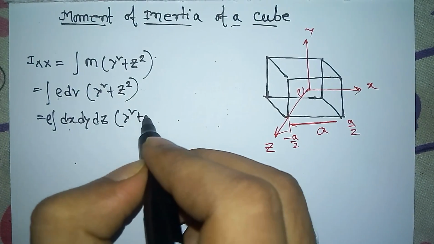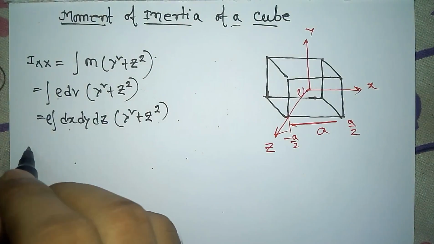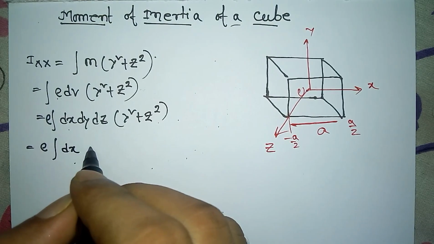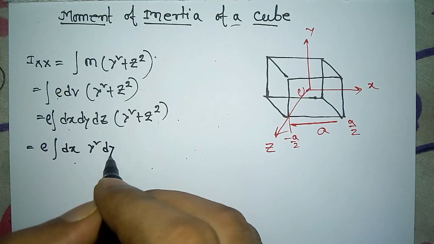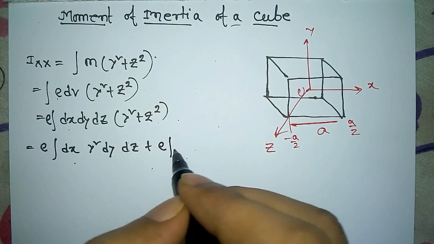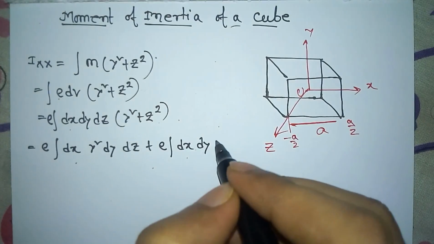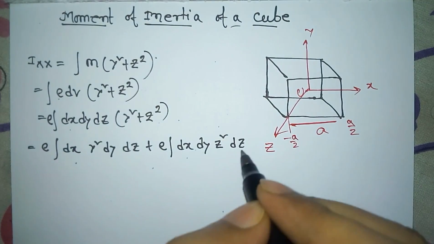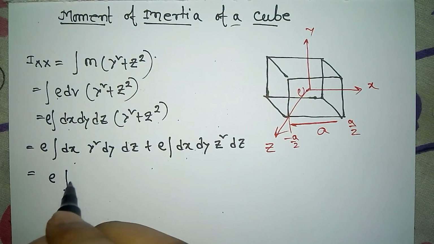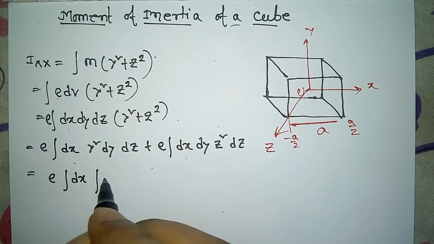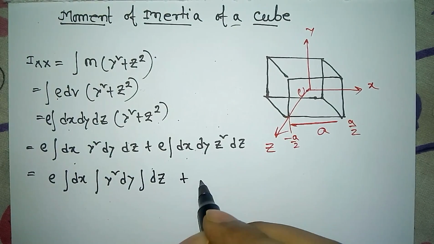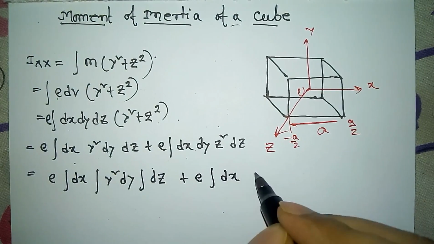So we get rho into integration dx y square dy dz plus rho into dx dy z square dz. We just separate this: rho integrate dx, integrate y square dy, into integral dz, plus rho integral dx, integral dy, integral z square dz.